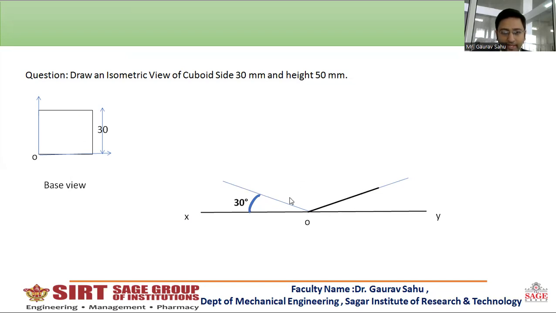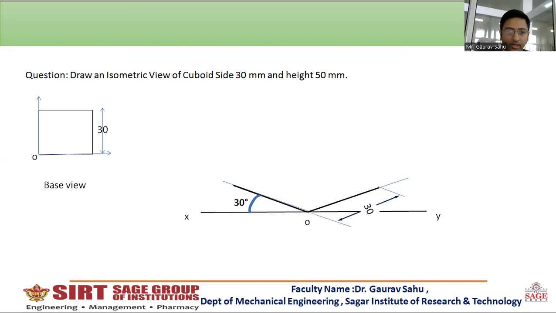From O towards the right, the square portion coming on this line will definitely come on the isometric line. So you just measure this line length, which is 30 mm, and draw it over here.